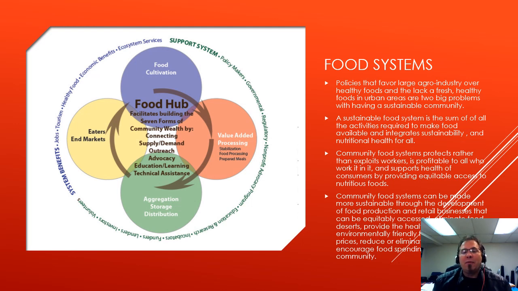Now, food systems we've talked about quite a bit. In a community or regional setting, this is where food systems become a huge deal. In the previous slide we talked about worker cooperatives. This is becoming a thing in some inner city areas where you get what are called food hubs. The policies in place favor the agro industry over healthy foods, right? We've already talked about that in a previous chapter.